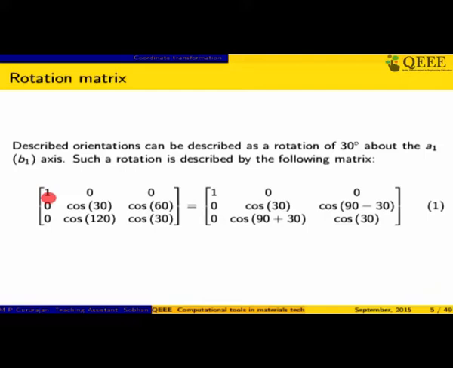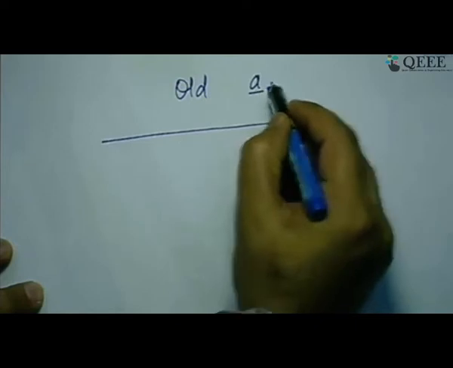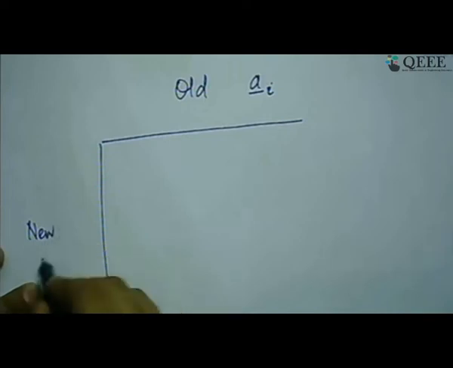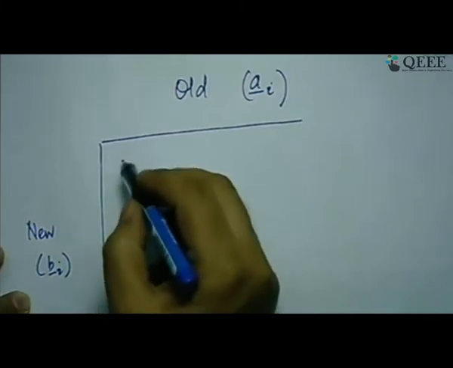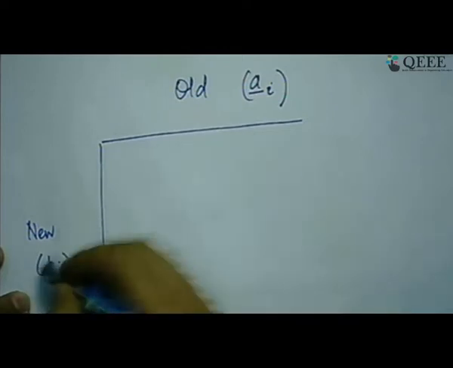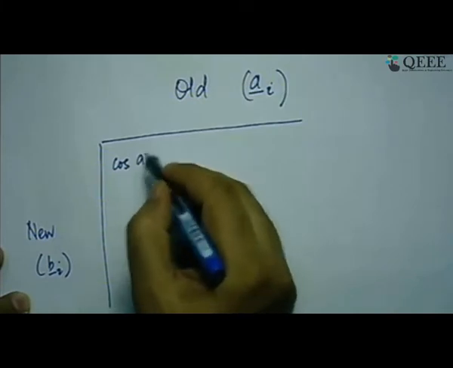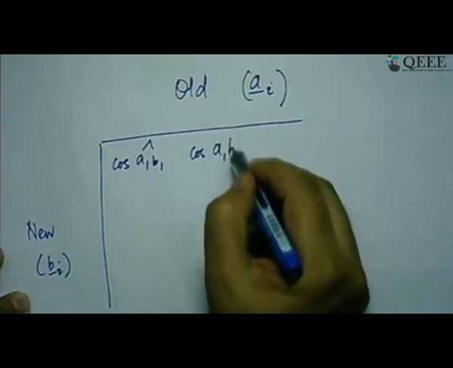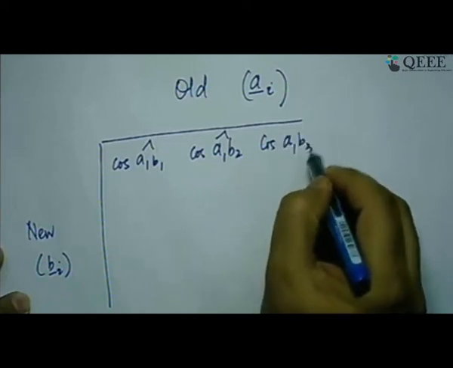If you have an old frame of reference, like our Ai frame, and some new frame of reference, like our Bi frame, then the matrix is the cosine of the angle A1 versus B1, A1 versus B2, A1 versus B3.